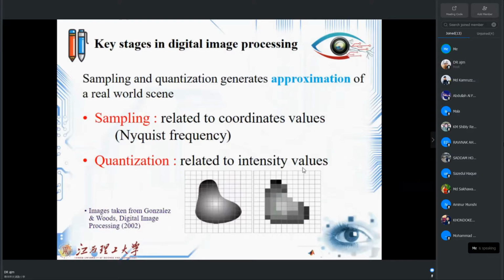But now our work is digital imaging, or generating the image with digital methods. In that, we have two words which we will talk about more today.